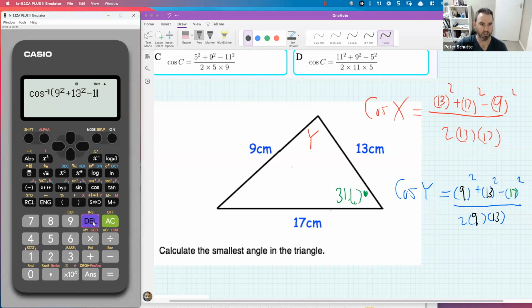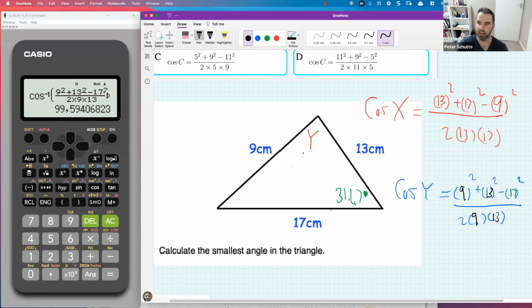Oh, I forgot to put my fraction button. Look how quickly that can happen. So for my biggest angle, I get 99.59.